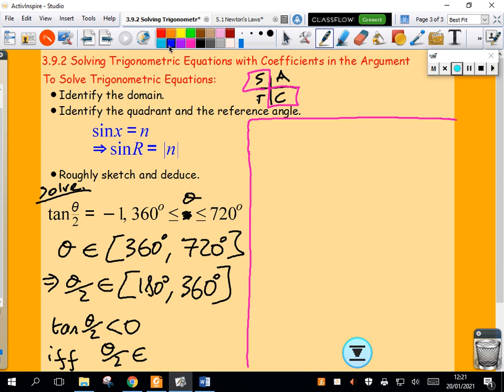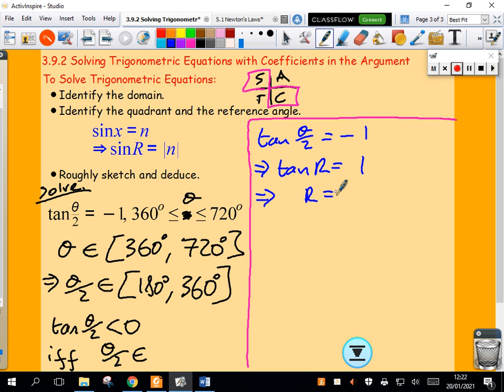Next thing is the reference angle. And tan of the angle theta over 2 is equal to -1. That's given. That means tan of the reference angle is equal to the absolute value of -1, which is just 1. And again, if you know your special angles, you should know your reference angle.